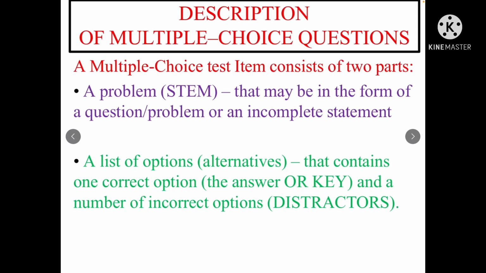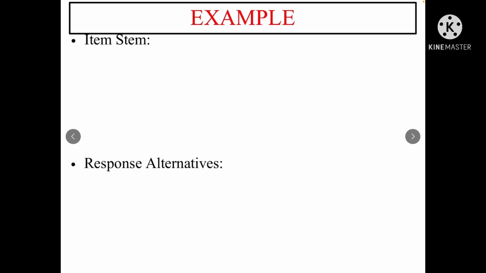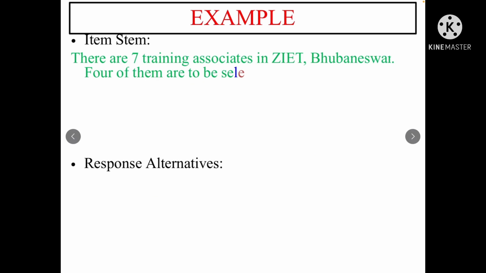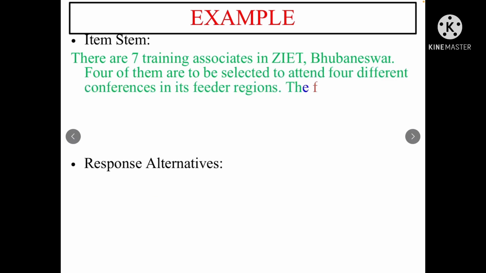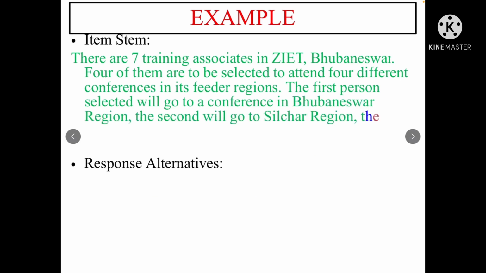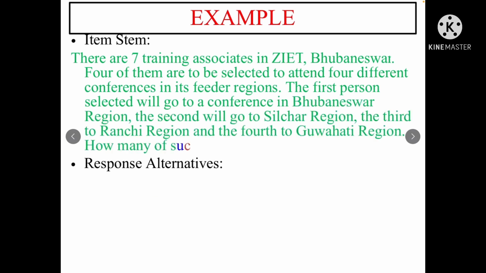Now let us consider one example. I am going to elaborate one example where you will have stem and alternatives. The stem is like this. Suppose there are 7 training associates in ZIT Bhubaneswar. 4 of them are to be selected to attend 4 different conferences in its feeder regions. The first person selected will go to a conference in Bhubaneswar region, the second will go to Silchar region, the third to Ranchi region, and the fourth to Guwahati region.